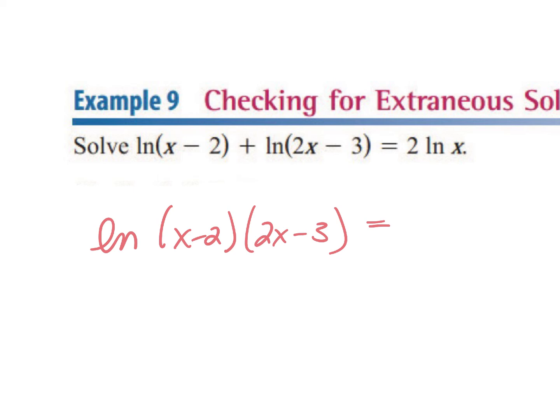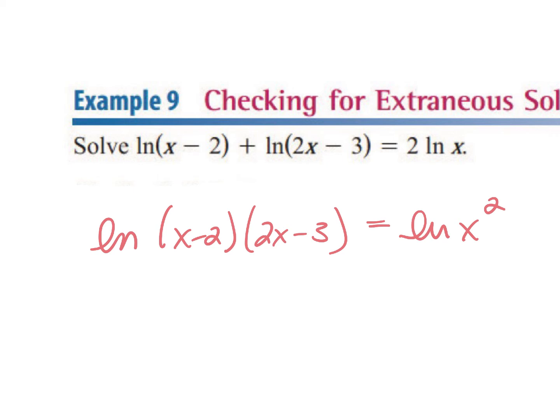What is 2 in that case? It's a coefficient. What would it become when I condense? An exponent. Good. So this would become ln of x squared. All we did was just condense it. We just smushed it back together. And we can do that because the natural logs on the left-hand side are the same. If it was log 5 and log 2, we couldn't do that. But since it's both natural logs, we could just smush it back together.